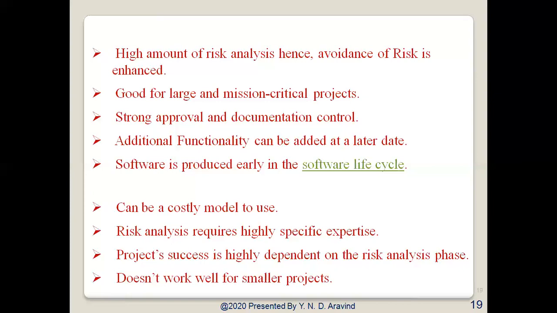Then where we can use the spiral model and where we cannot use it. This spiral model works well for real-time or safety critical systems, where risk avoidance is given higher priority. In such projects, we can use this spiral model.